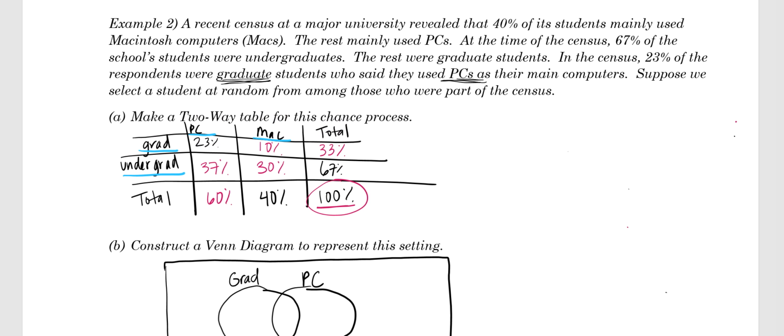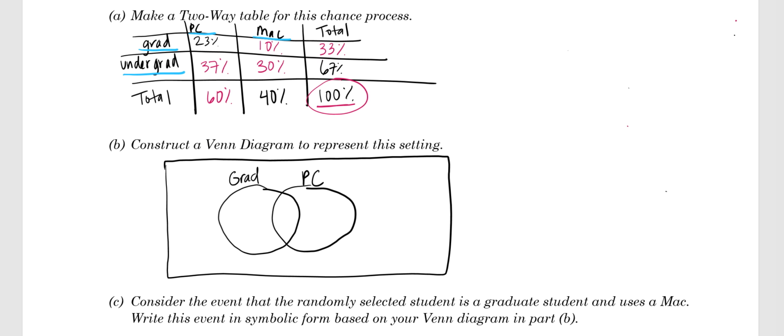And so the way I like to do this is I like to make those two categories my two circles for my Venn diagram. You don't have to though. You could just as easily have done undergrad and Mac. That could have totally been fine. The only thing you can't do is make this grad and undergrad. Or conversely, you can't make this Mac and PC, because if you do, there's no overlap.